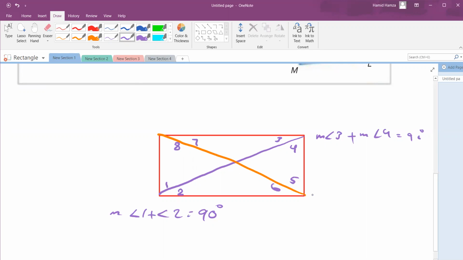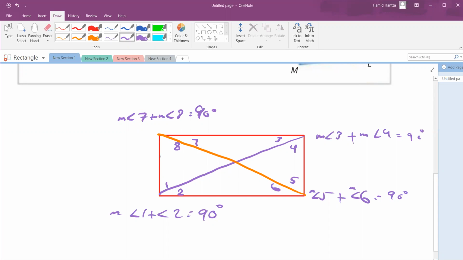Also these two angles, the measure of angle 5 plus the measure of angle 6 also equals 90 degrees, okay? The measure of angle 7 plus the measure of angle 8 equals 90 degrees. So this is about angles. So what about the equal parts?